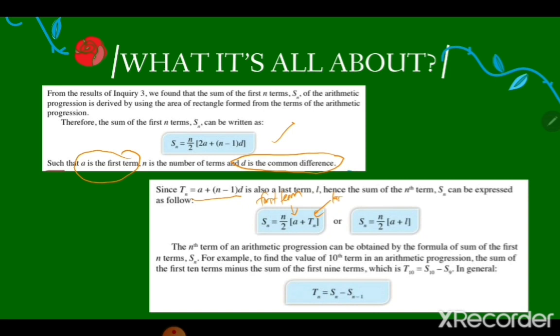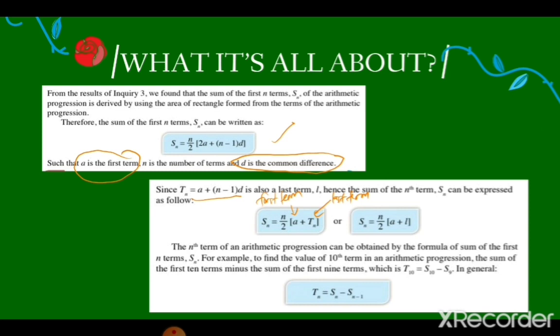Or we can say that Sn equals n over 2 multiplied with the addition of the first and the last term.